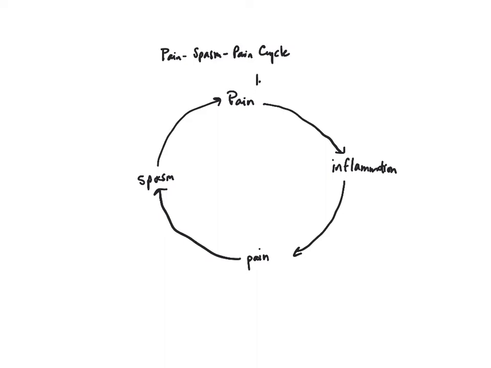The very first thing that happens is you get injured, all right? One of our body's protective systems initially gives us the sensation of pain. We get that initial pain from a couple of different things. We get it from damage to the cells. If something gets damaged, it's going to cause pain.